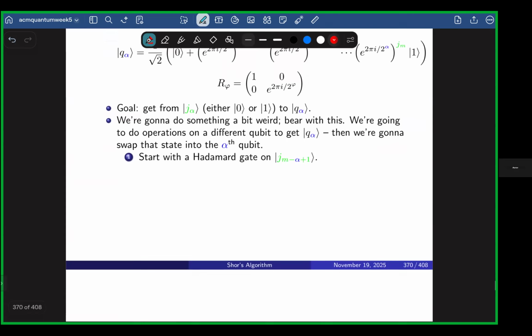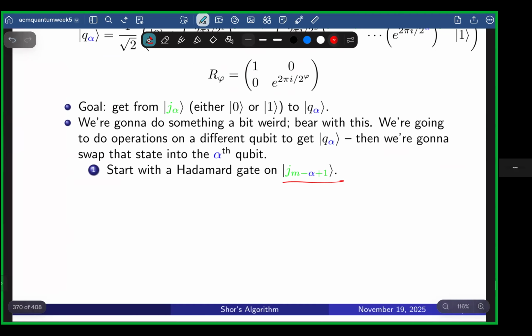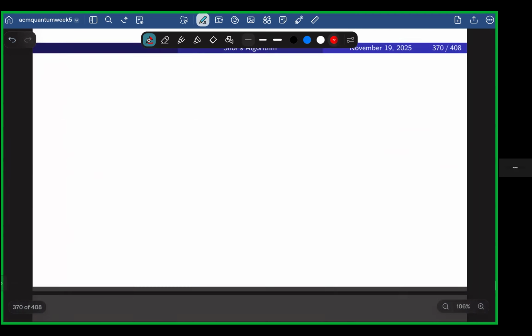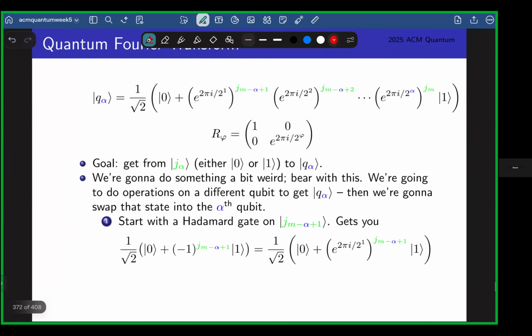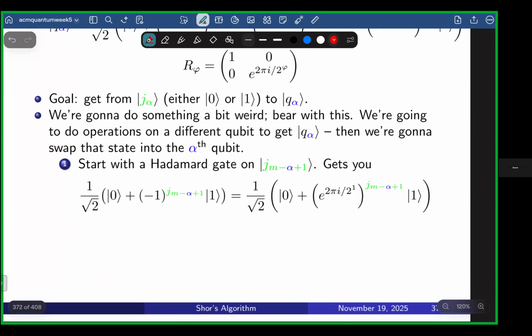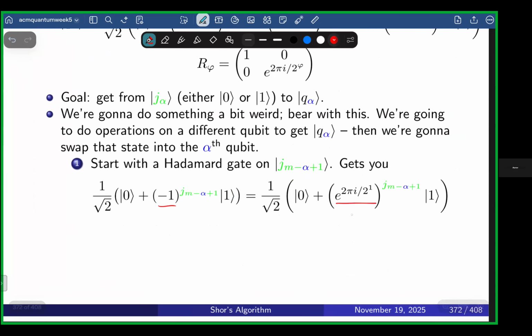So we're starting on this weird index right here. We're going to apply a Hadamard gate onto it, and the general form of a Hadamard gate is you add a -1 if whatever's in the ket is a 1, and you don't otherwise. We can expand that -1 as e to the pi i.